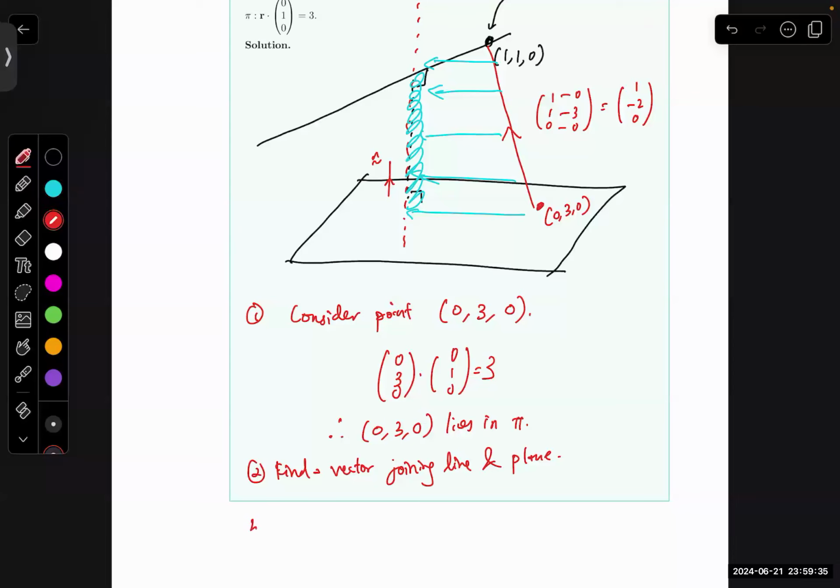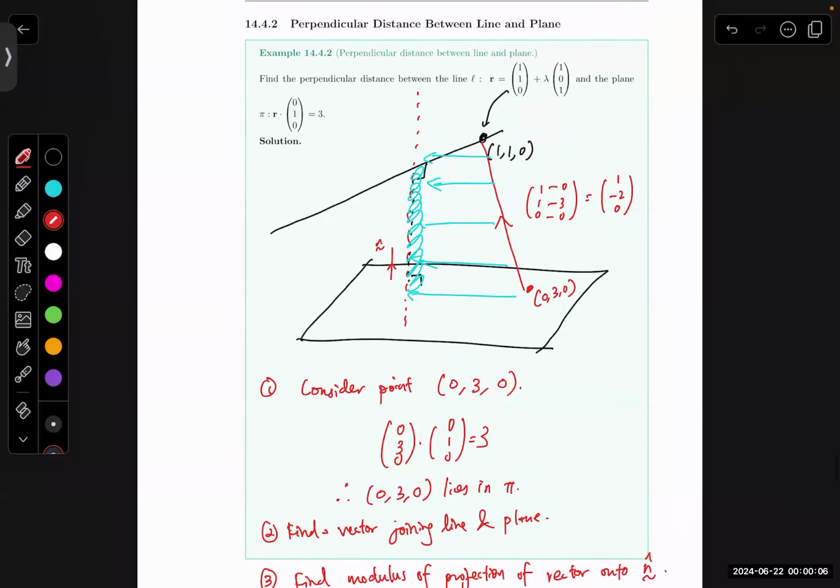This projection, if I measure it, I get the perpendicular distance. So I just need to find the modulus of projection of the vector onto n hat. Be careful, n hat.